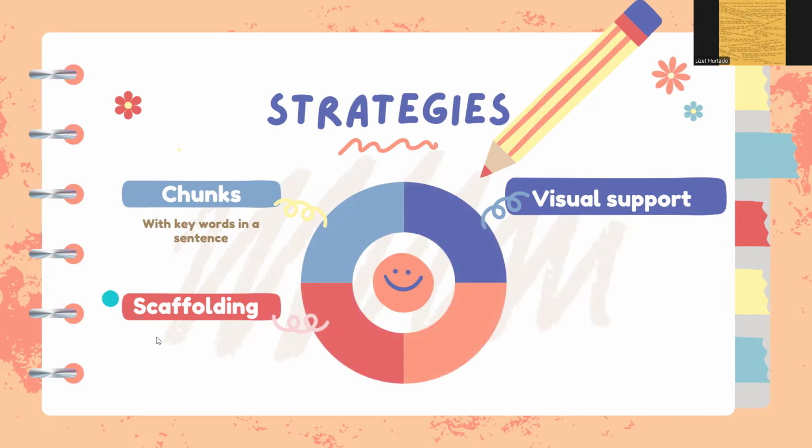But also, as I mentioned here, I try to include a scaffolding part, so students can start from certain basis to more depth analysis. And also visual support. As I mentioned before, the group is different. We have different students.